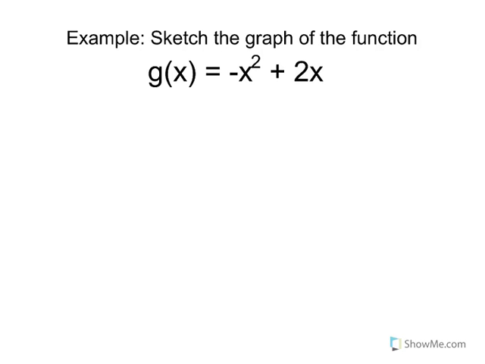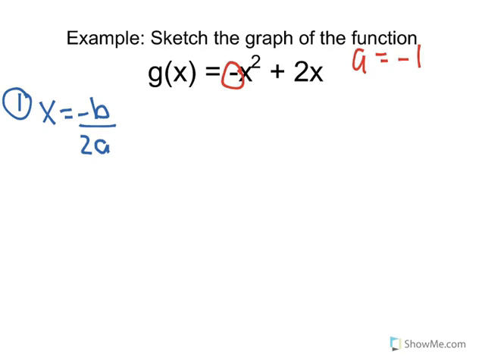So let's look at another example. Our first step that you guys wrote down in your notes was to find the axis of symmetry using x equals negative b divided by 2a. So our a value is negative 1, and our b value is 2.